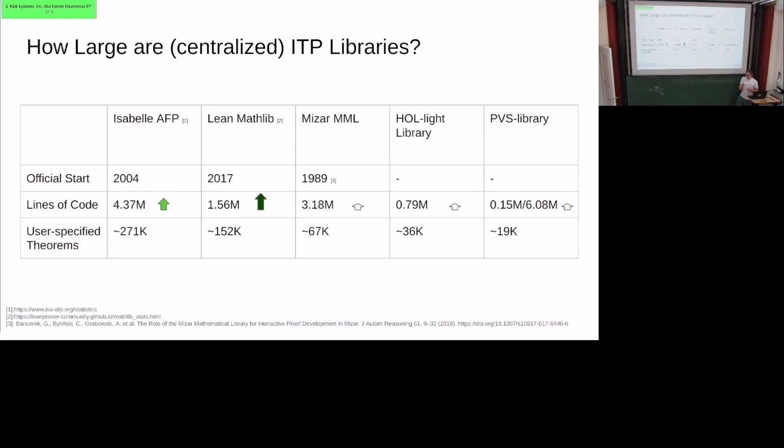May I mention something about PVS? I don't know how you count the number of theorems that were generated automatically. But perhaps you count the number of TCCs, type correctness conditions. In PVS, I counted the instances where it's explicitly stated as a lemma.